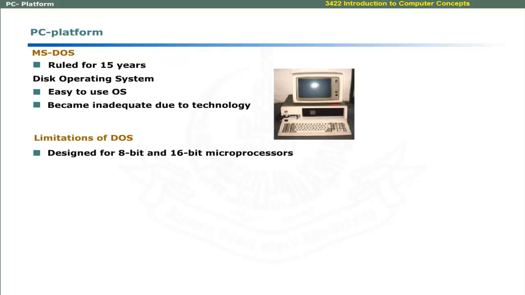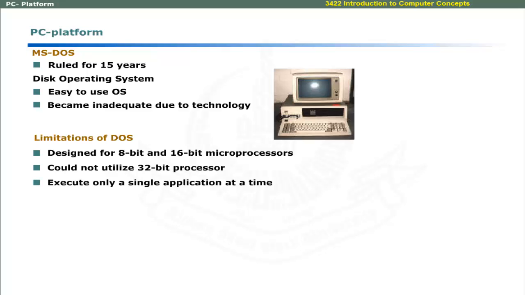It was designed for 8-bit and 16-bit microprocessors. It could not avail the advantages of 32-bit architecture introduced in modern microprocessors. It could execute only a single application at a time. It supported only one user and a single processor.